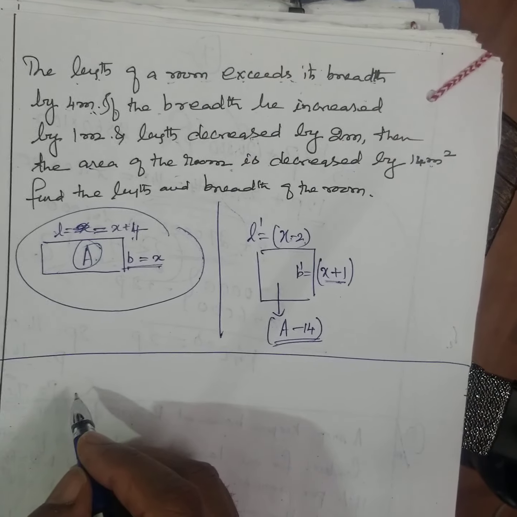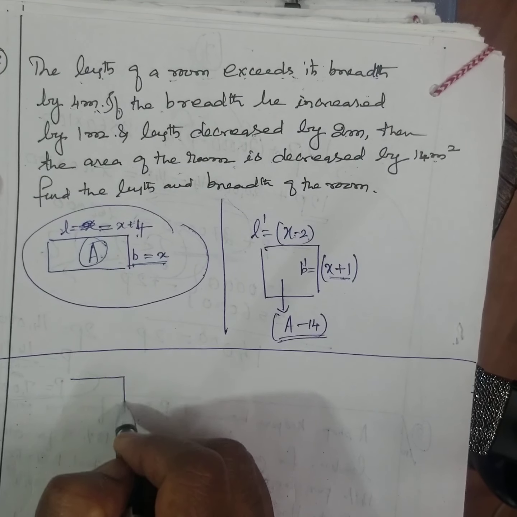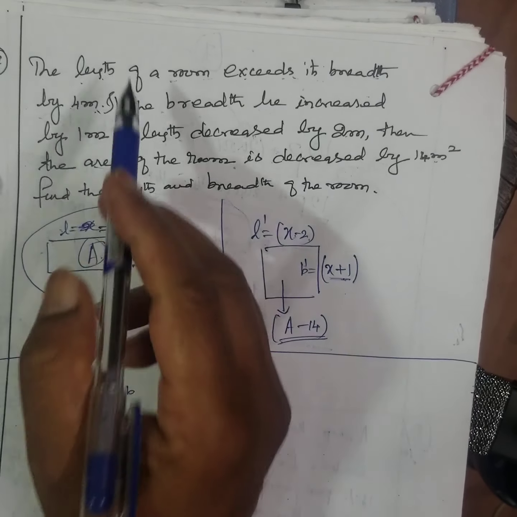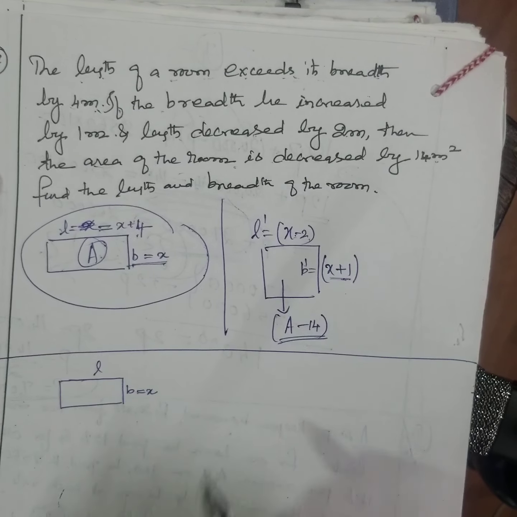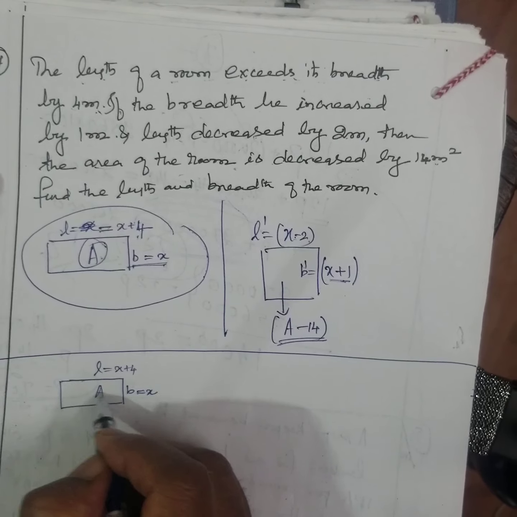Again, I'll write this down. Look. The length of a room exceeds its breadth by 4 meters. If the breadth is x, the length is x plus 4. A is the area.